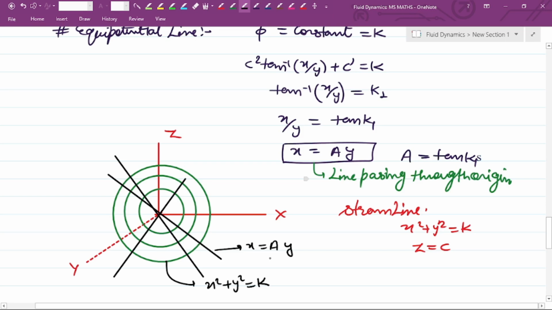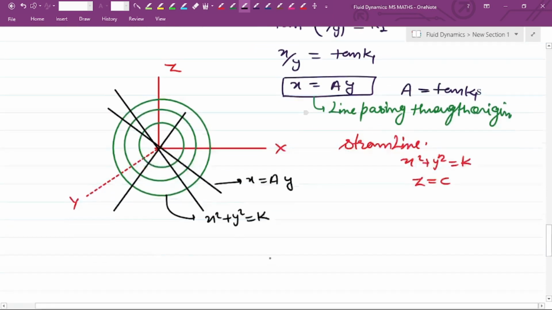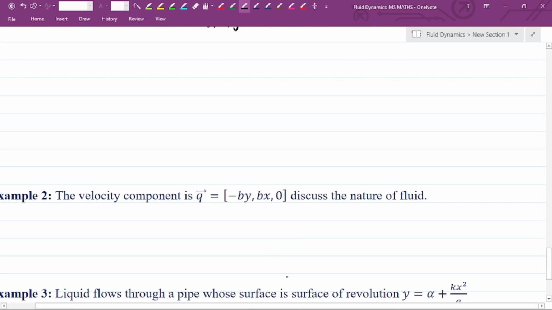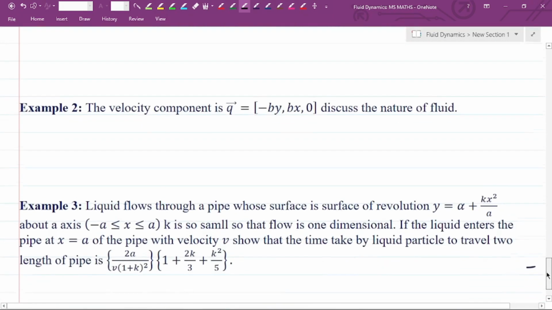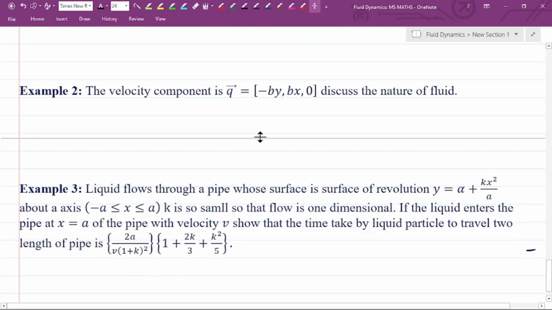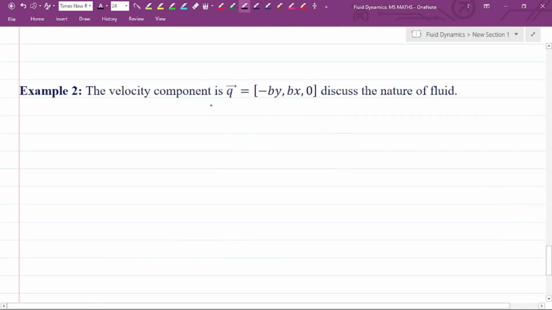Now proceed to the next question. We have a question in which the velocity component q vector is minus by, bx and 0. Discuss the nature of the fluid. How can we find the nature of the fluid? The nature of a fluid is described by whether it is solenoidal or insolenoidal, incompressible, rotational or irrotational.